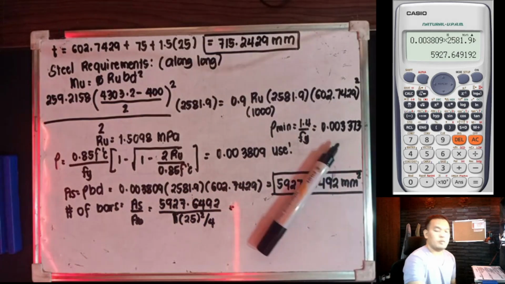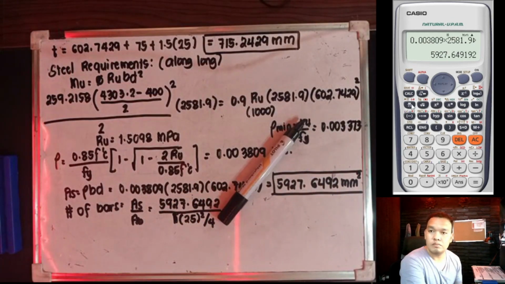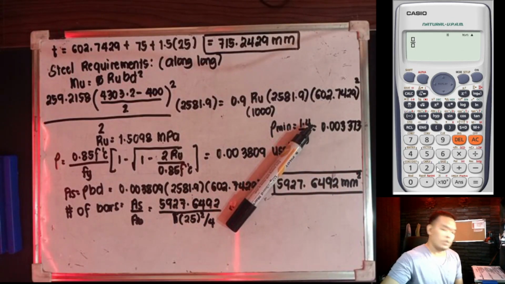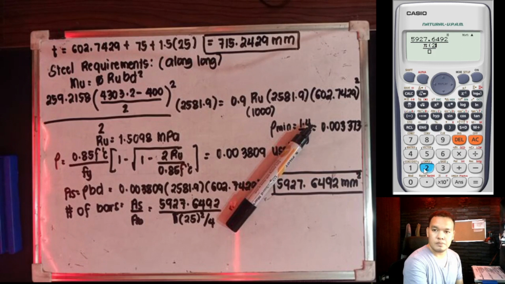So 5,927.6492 divided by pi times 25 squared all over 4.